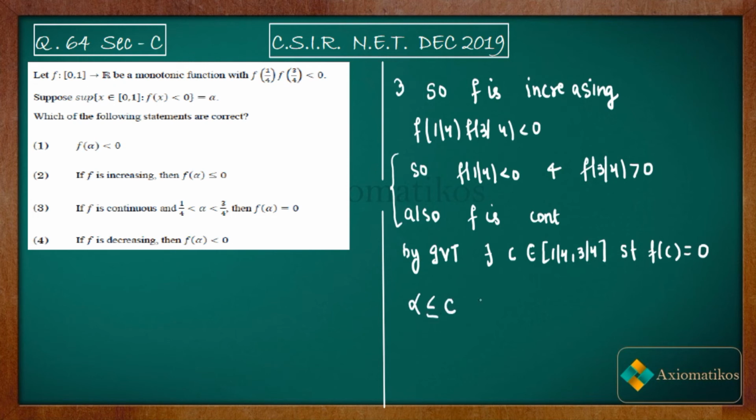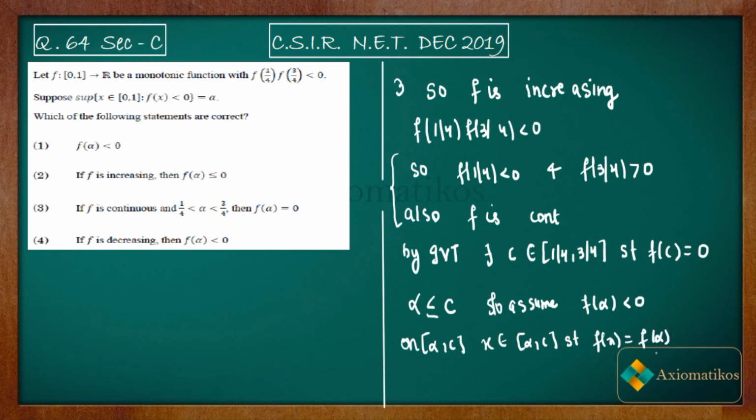Since f is increasing, f of alpha is either less than 0 or equal to 0. So assume that f of alpha is less than 0. Again, I can apply the intermediate value theorem on [alpha, C] and say that there will be some x belonging to (alpha, C) such that f of x is f of alpha by 2, which is less than 0.